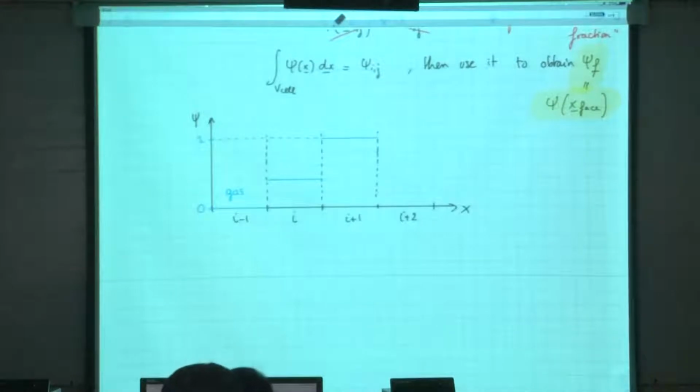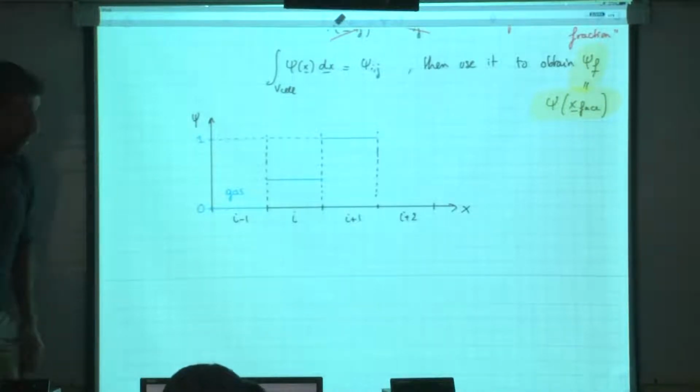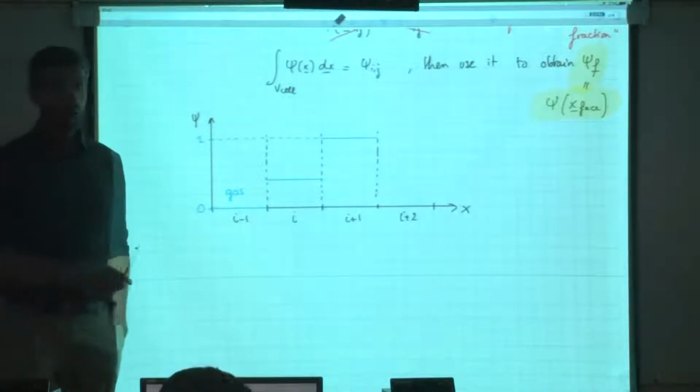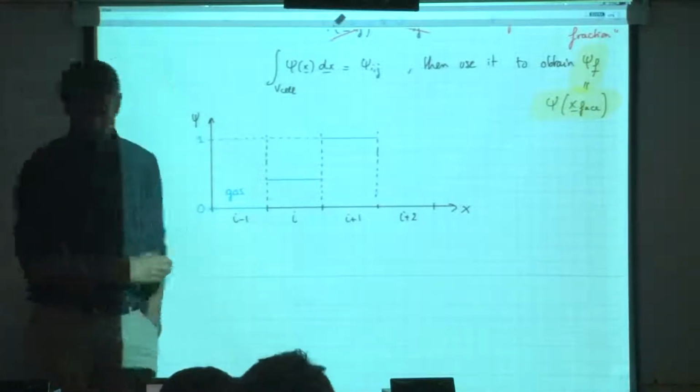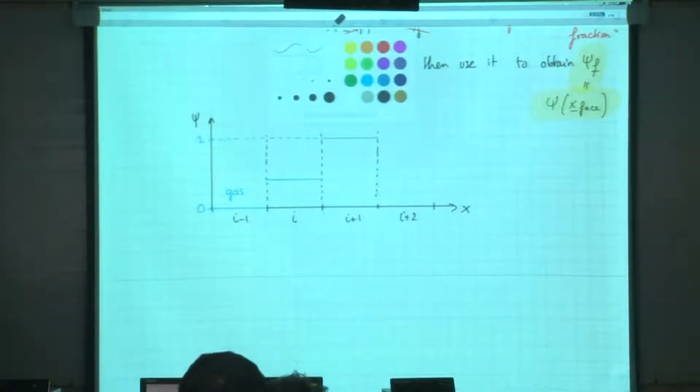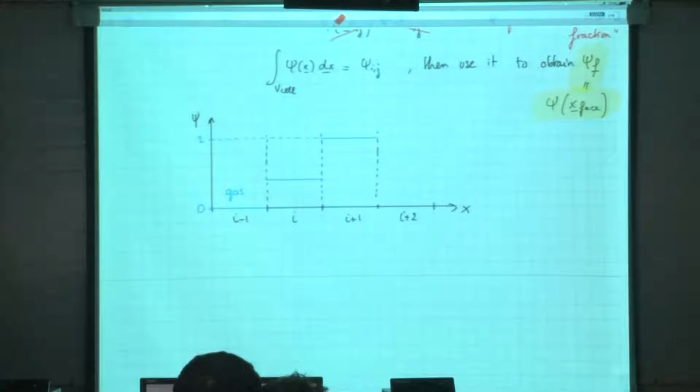How do you fit a polynomial through this? This is fundamentally a problematic situation for us to deal with. Any type of fit through that representation will involve something like this.